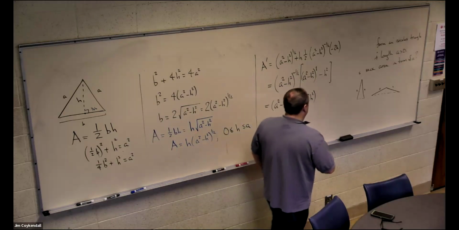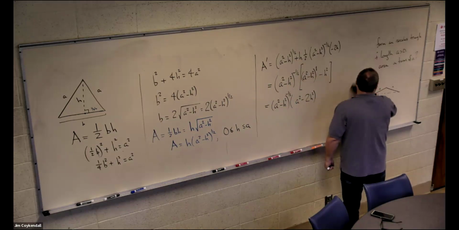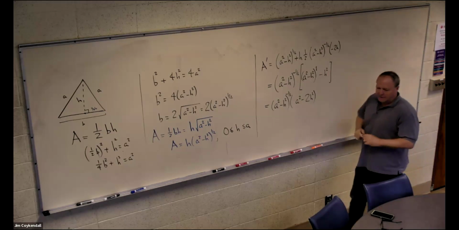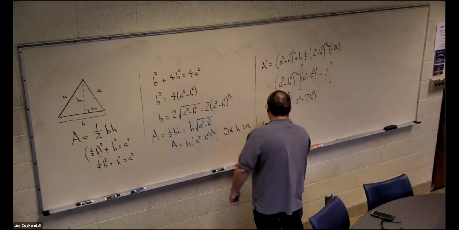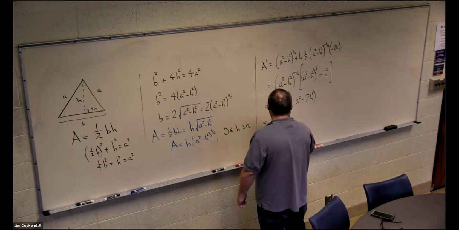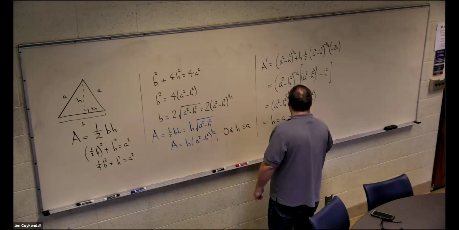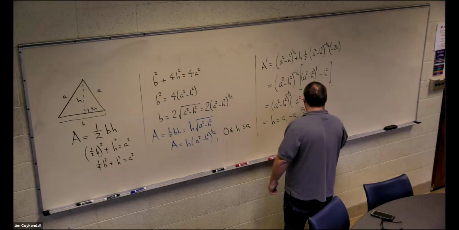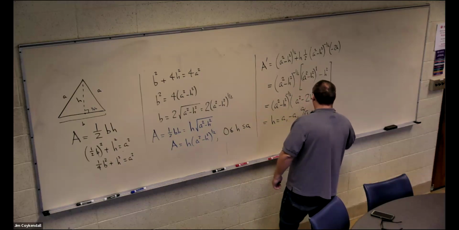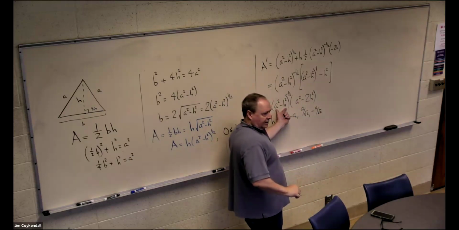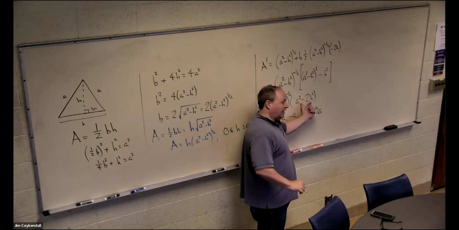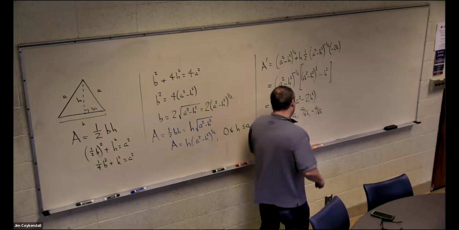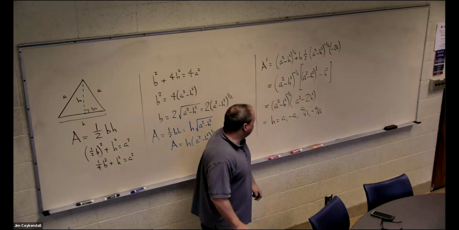And I get a slew of critical numbers here. I get H equals A over the square root of 2, negative A over the square root of 2, plus or minus A. Which ones can we eliminate, if any?